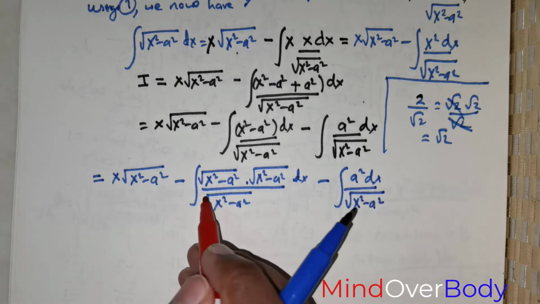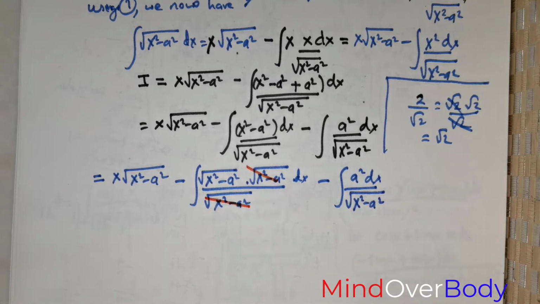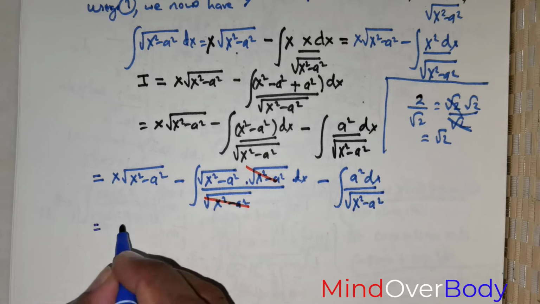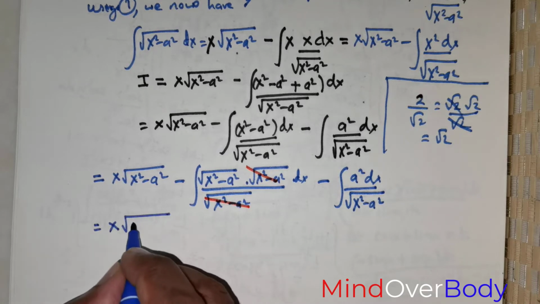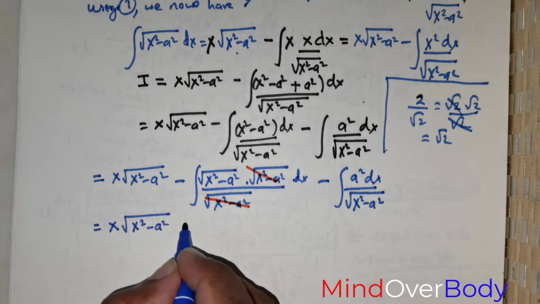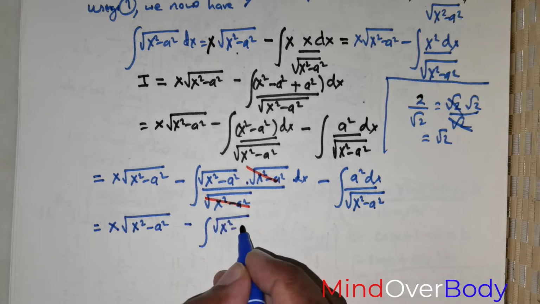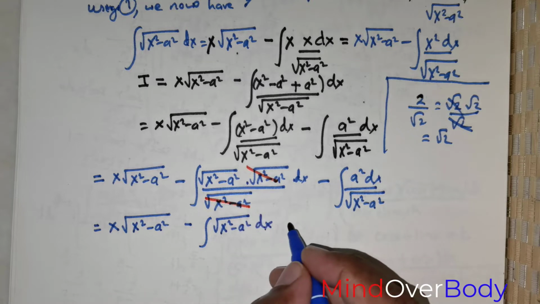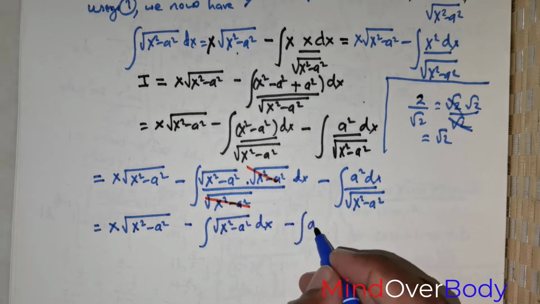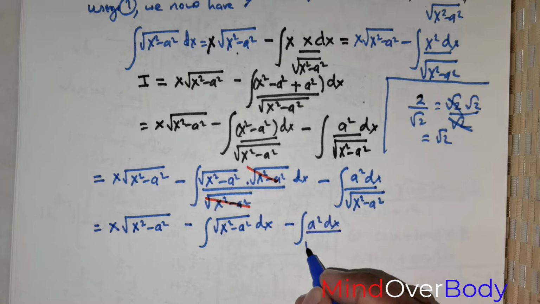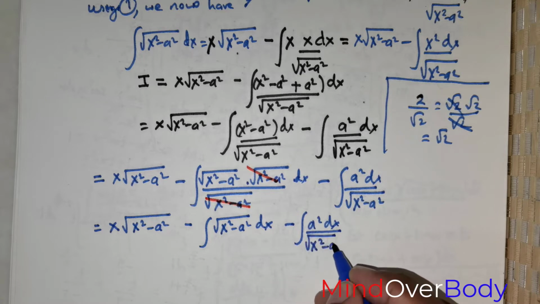So clearly root of x squared negative a squared can be cancelled, giving us x times root of x squared negative a squared negative integral root of x squared negative a squared times dx negative integral a squared times dx over root of x squared negative a squared.